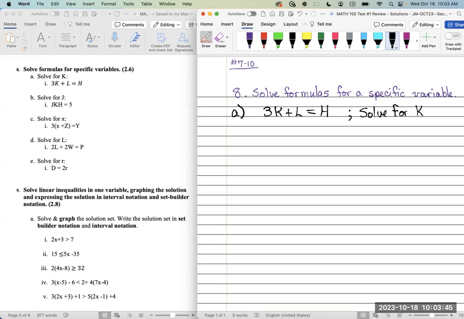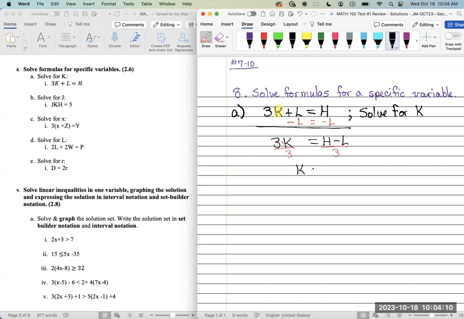Do whatever you want to both sides of the equation. The goal is to isolate that k, so do whatever you want to both sides that will help you reach that goal. So the left side becomes 3k plus 0. And now this multiplication of 3 is in my way, so I will divide both sides of the equation by 3.